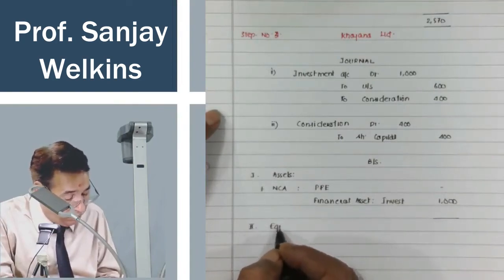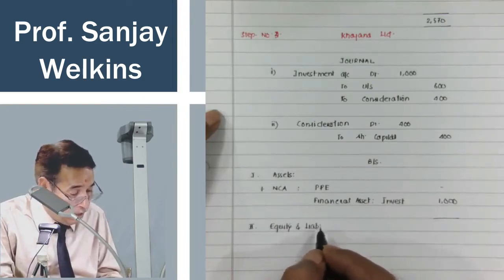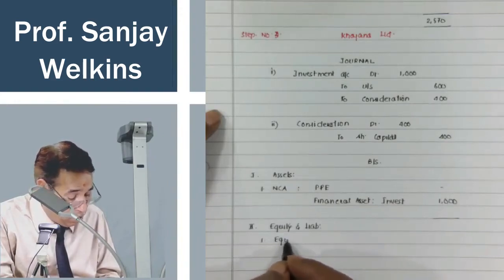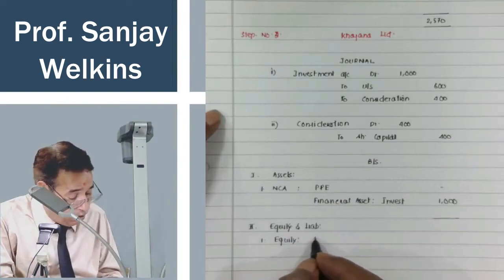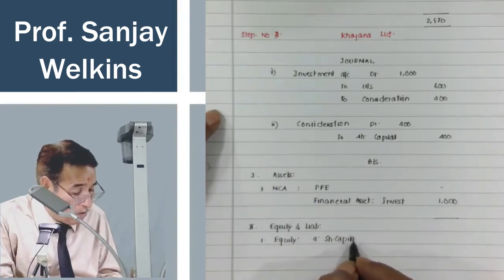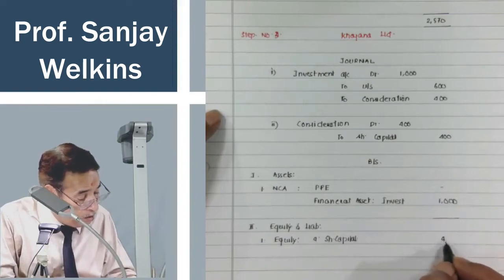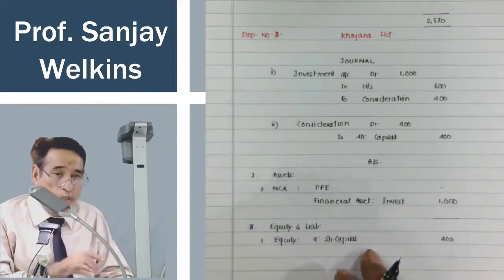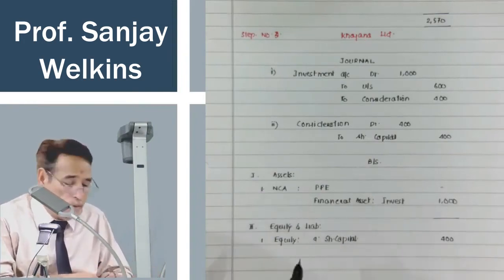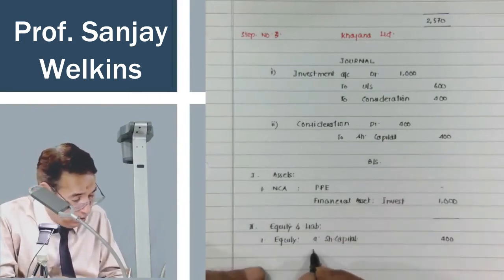Equity and liability. As far as equity and liability is concerned, share capital. Share capital 400 they have issued. It is also better to mention, because it was given in the question. By way of note, you can mention that their authorized share capital is so and so, but their issued, subscribed and paid up is 400. Other equity.